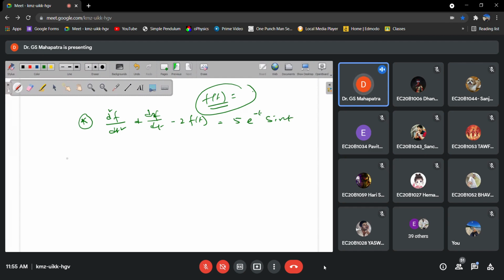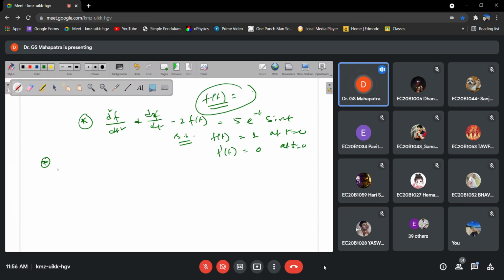This is subject to conditions. You need 2 conditions: f of t equals 1 at t equals 0, and f dash t equals 0 at t equals 0. Same conditions as the ordinary differential equation you studied just a few minutes back.